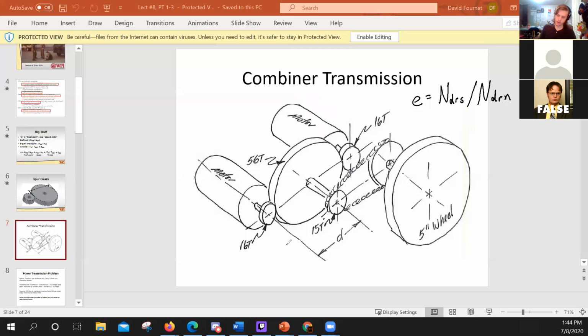I don't know how well you guys can see this, but if these gears were moving down at their mesh, these ones would have to be moving up, right? So basically this middle gear would have to be rotating counterclockwise.